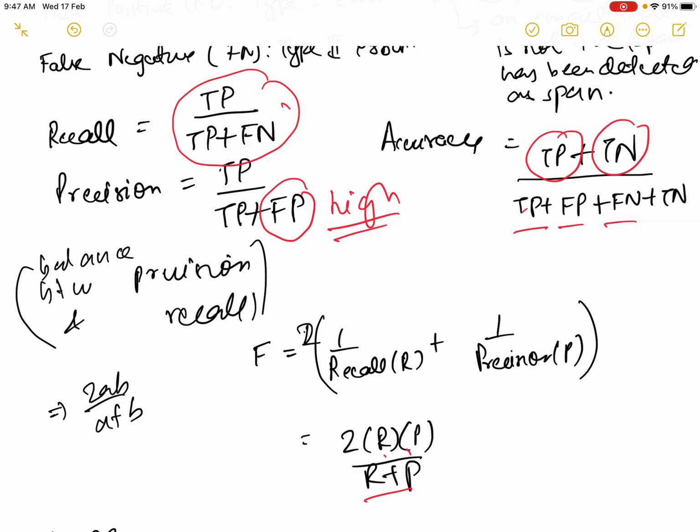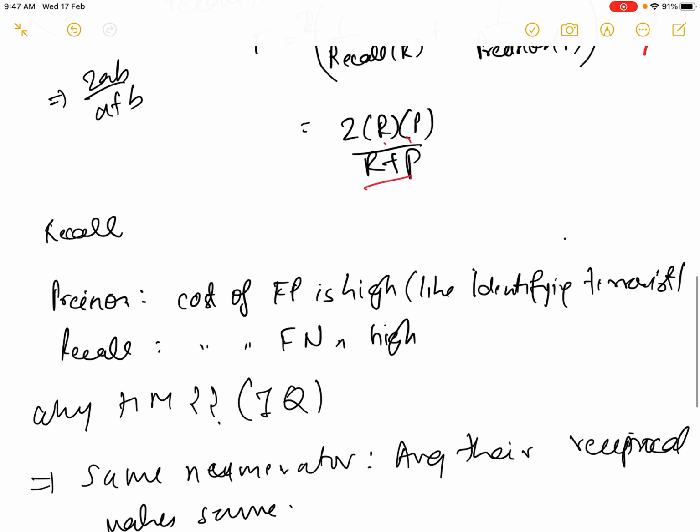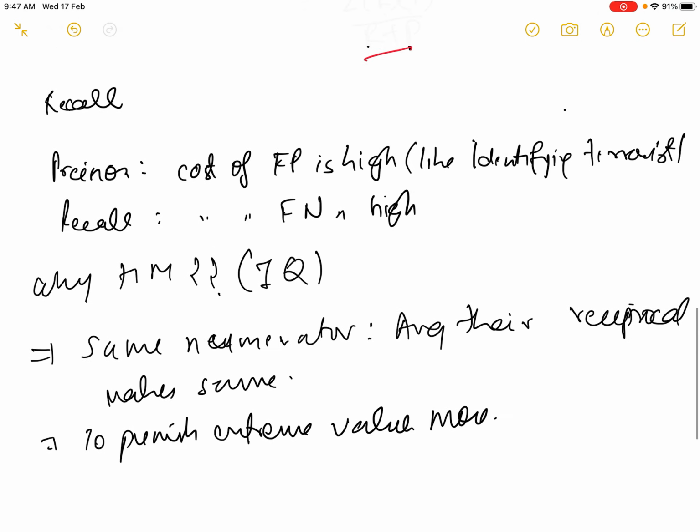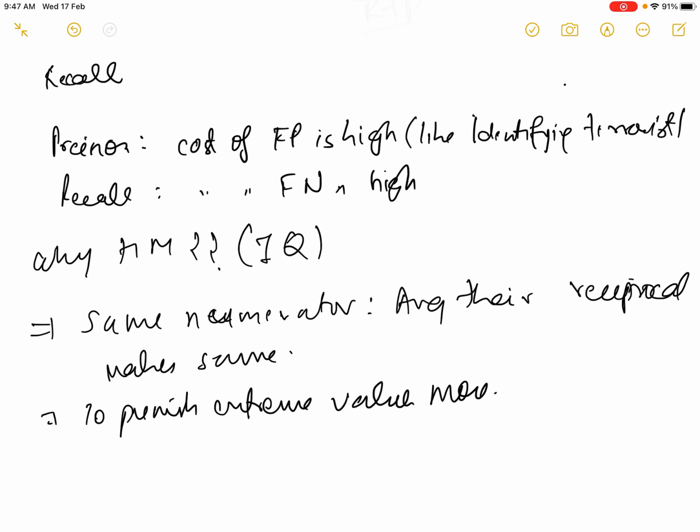Recall should be used when the cost of false negative is high, and I gave you an example of a terrorist detection problem. Accuracy is something which you should use, but it should not be the only criteria in deciding which algorithm should be used.